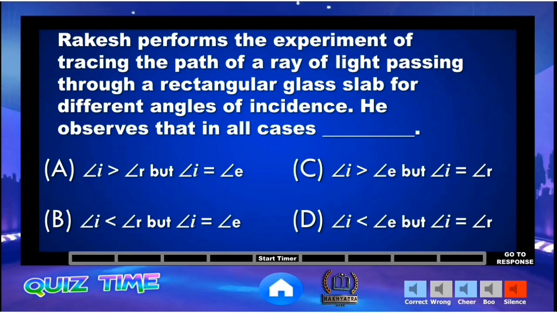Rakesh performs the experiment of tracing the path of a ray of light passing through a rectangular glass slab for different angles of incidence. He observes that in all cases, okay, so you have got 4 options.